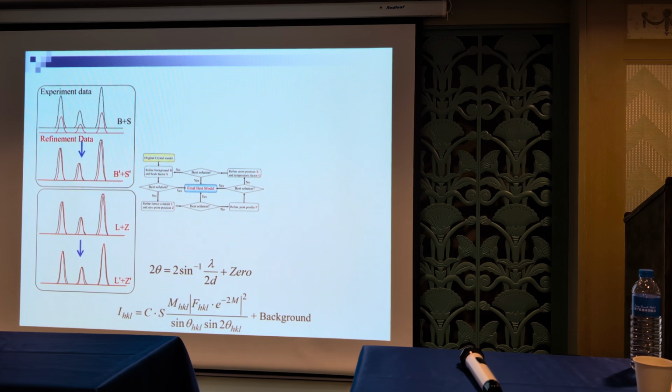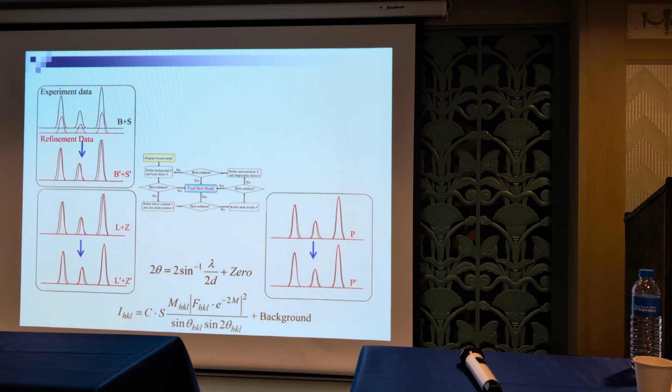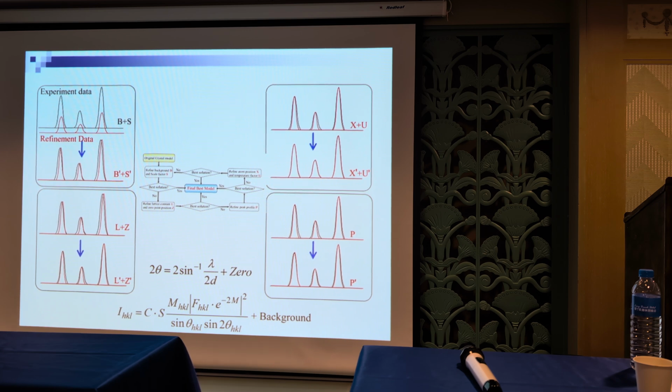So it will look much better. And if you refine the profile, then you will get the shape like this. And if you also refine the atom positions and the thermal factor, it will look like this one. So I think that would be the final stage if you refine everything.